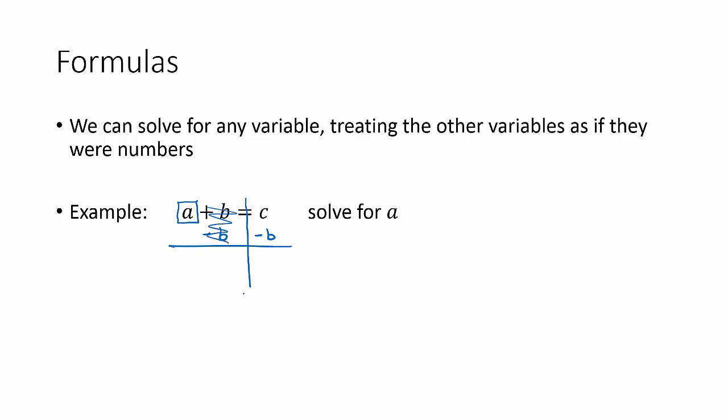B minus b is 0, and I will just be left with a equals, and c and b are different, so we'll just make it into a subtraction problem. A equals c minus b. So we'll solve for any variable, getting that variable alone by treating everything else like it's a number.